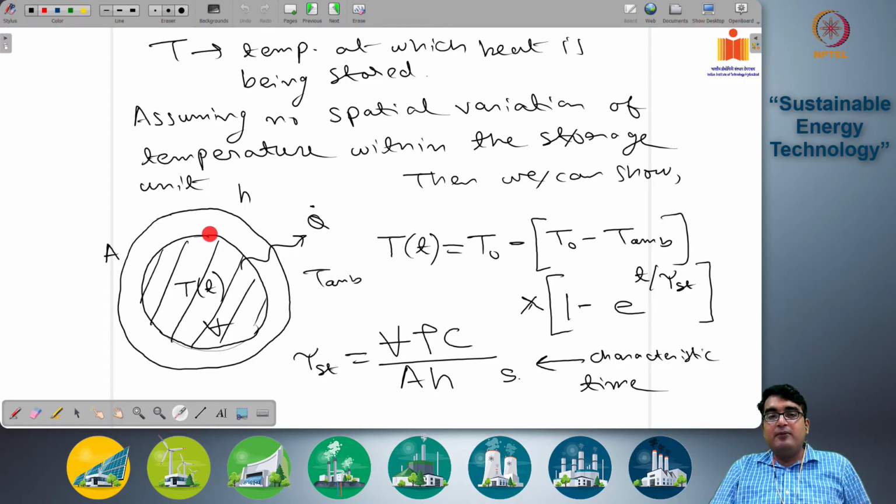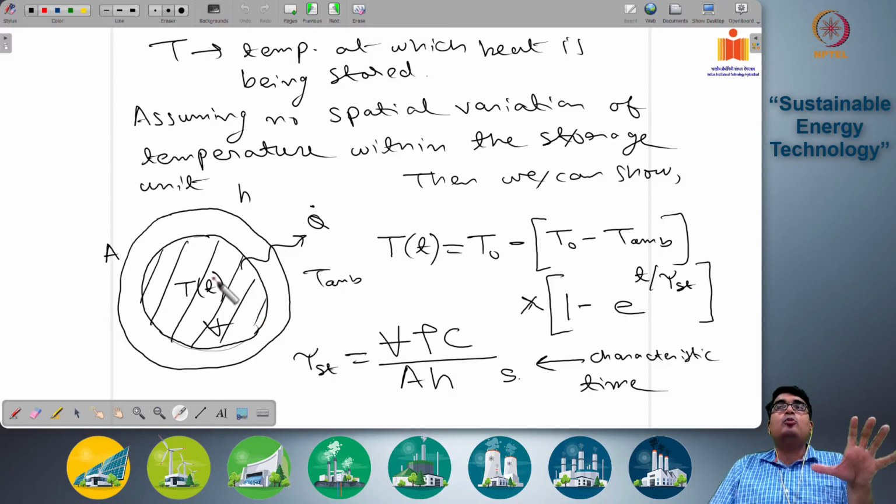So for example, if you look at this system, suppose you have a sensible energy storage system, some sort of a high density brick system. This is at a certain temperature T, which is changing with time as it is losing heat to the external environment.